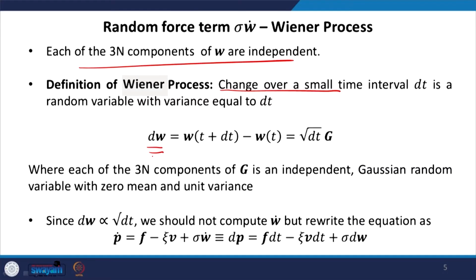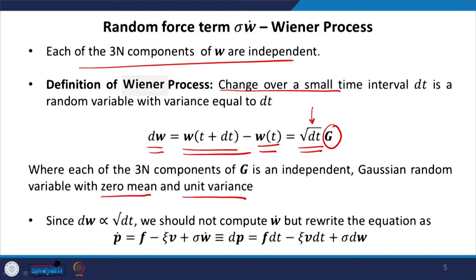That means, if I look at the dW, that is the change in W between times t and t plus dt, it is going to be square root of dt multiplied with another random variable g, which is going to be a Gaussian random variable with 0 mean and unit variance.